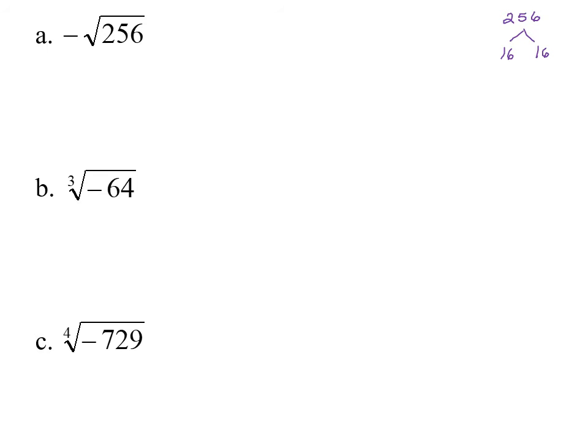Now, 16s can keep being simplified if you want them to be, but if you ever run into the situation where you have two numbers be the same thing, you can just stop. This is negative square root of 16 squared. And so the square root of 16 squared, they cancel each other, so this is just negative 16. And that's an okay answer.